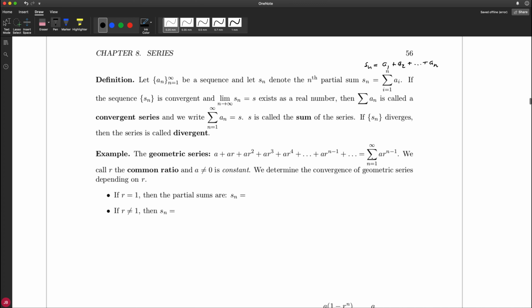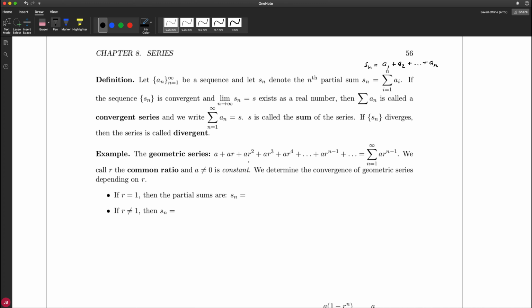All right, so let's look at the partial sums here. When n equals 1, I get a times r to the 0, which is just a. The second partial sum will be a times r to the 0 plus a times r to the, now plug in n equals 2, you get a times r to the first. So these two added together is S_2. These three added together is S_3, and so on and so forth.